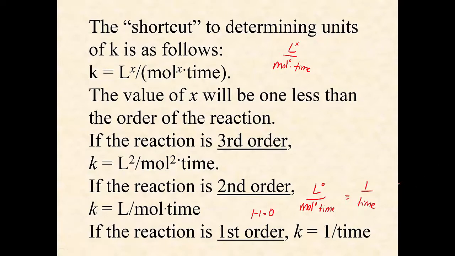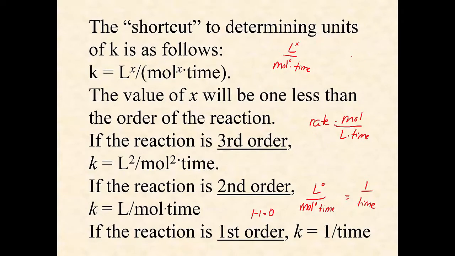Okay, remember the whole reason for this is that K is being multiplied, and it has to equal the rate, which is molarity, moles per liter per time. So that's why your units of K have to cancel out enough of the concentrations to leave you with this rate.